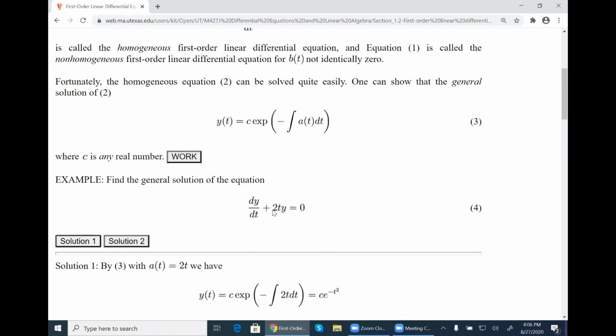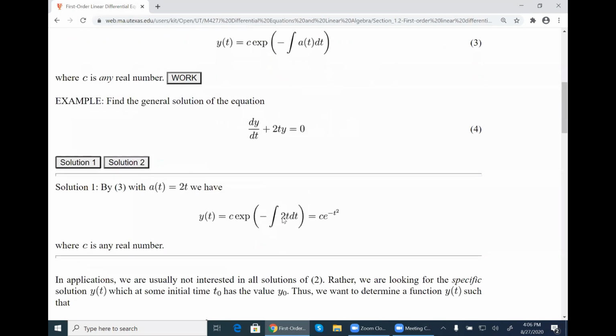In our case, A of t is equal to 2t, so we replace A of t by 2t. The antiderivative of 2t is t squared, and the result follows: y of t is equal to c times e to negative t squared. This is the general solution of our differential equation.